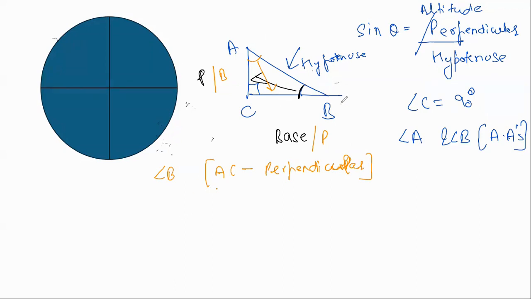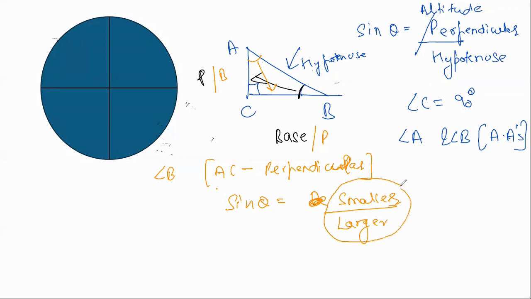Now we know that hypotenuse will be the longest side out of the three. So when we are talking about sine theta, the denominator will always be larger than the numerator. And when the denominator is greater than the numerator, you will get a value which is less than 1.